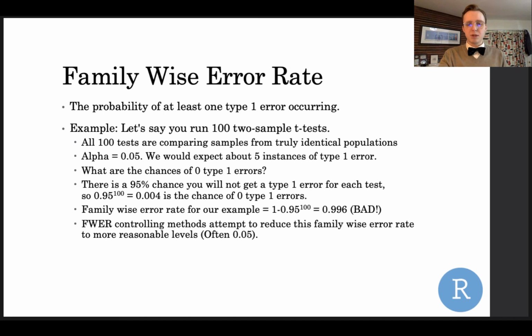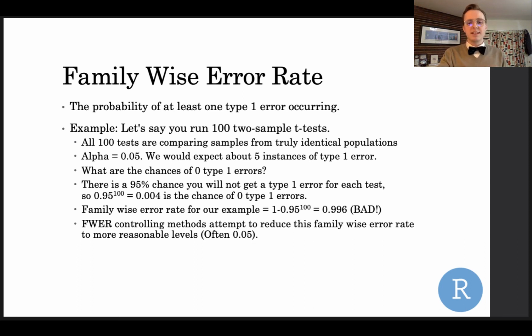As an example, let's say you run 100 two-sample t-tests. For all of these tests, the samples we are analyzing are from identical populations. So the null is always true. Now we are going to set our alpha as 0.05. With that alpha, we would expect around 5 type 1 errors to occur, because our type 1 error rate is 5% and we are doing 100 tests.